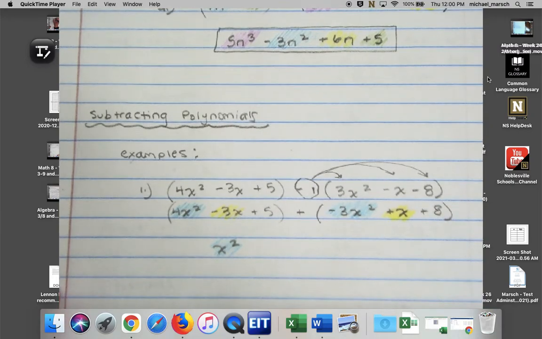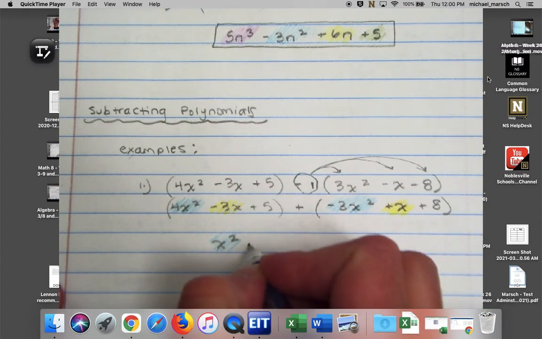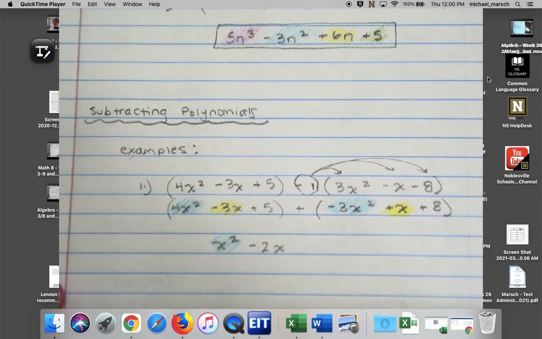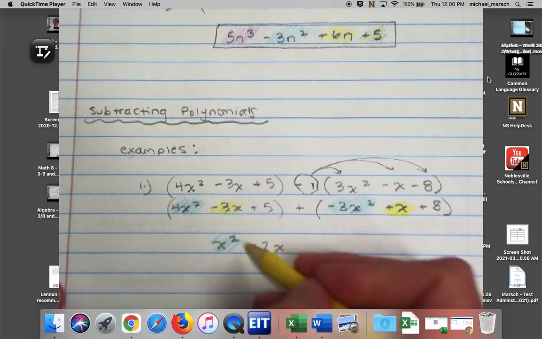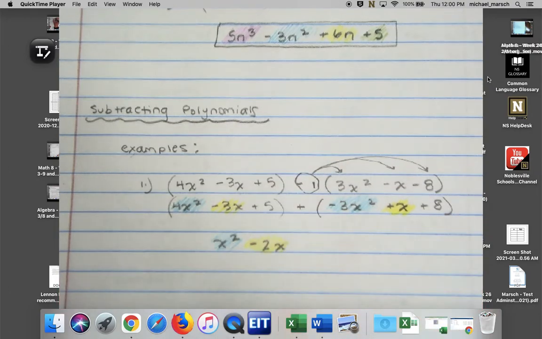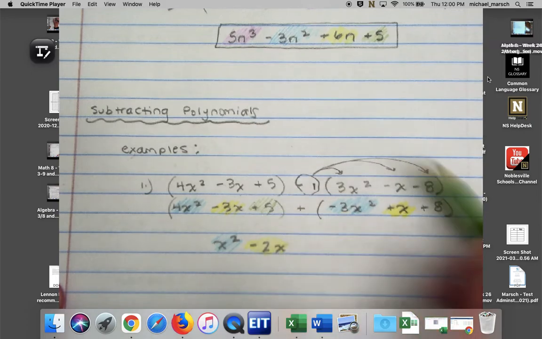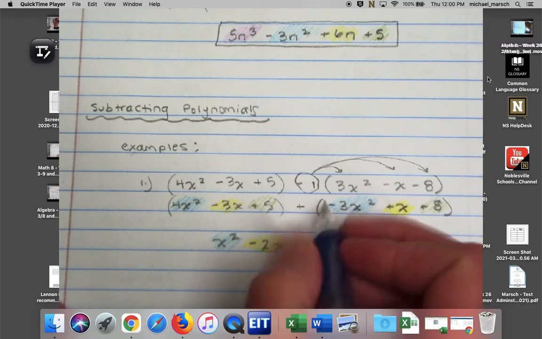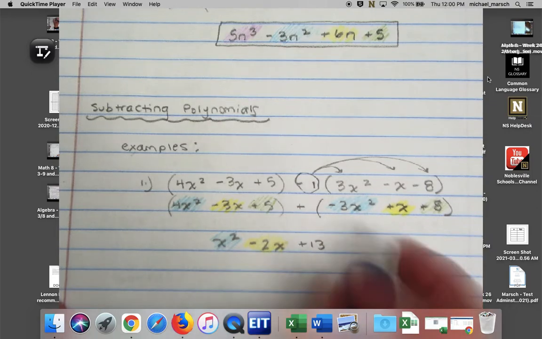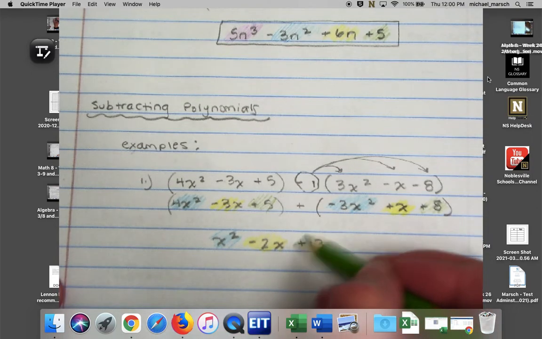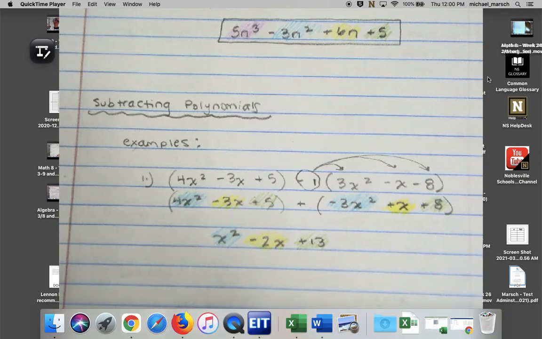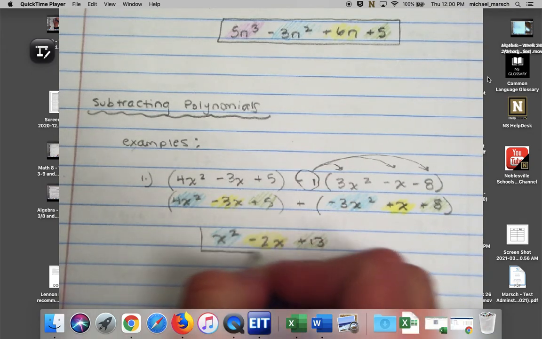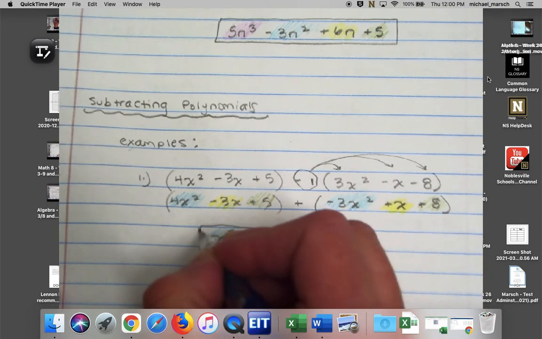So what are we left with? Negative 2x. And then we've got our last ones, 5 plus 8. So we get positive 13. See? And then we have our answer. We subtracted our polynomial.